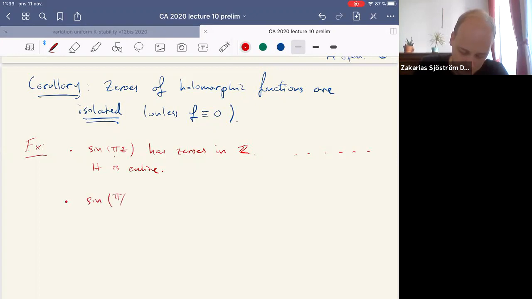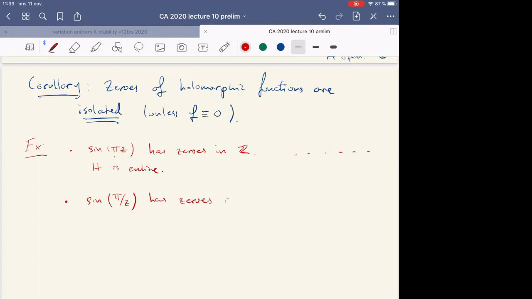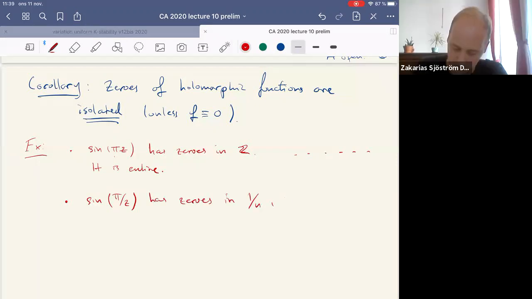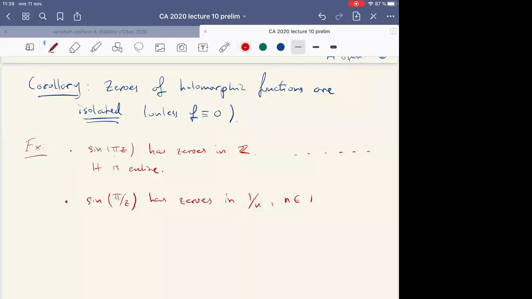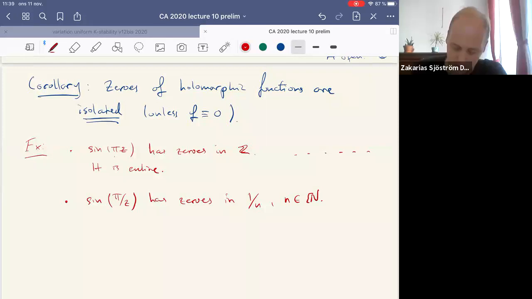On the other hand, you can look at sine of pi divided by z. So what would be the zeros of this? 1 over n, where n runs over the integers.